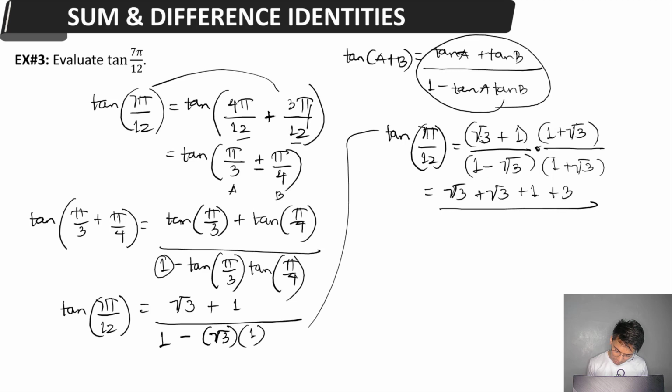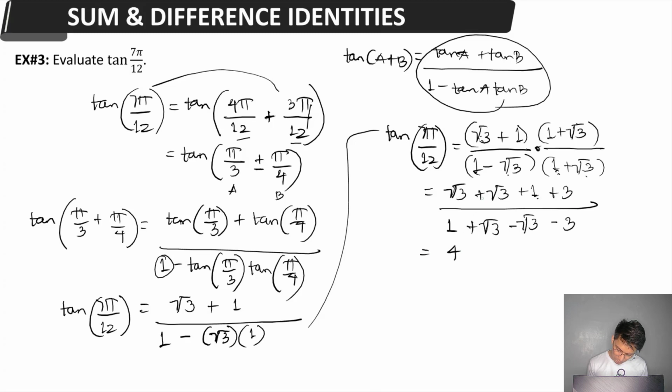Yung baba naman, we have 1 times 1 is 1. 1 times square root of 3 is positive square root of 3. 1 times negative square root of 3 is negative square root of 3. And negative square root of 3 times positive square root of 3 is negative 3 na lang. So, we combine like terms. Ito ay 4.